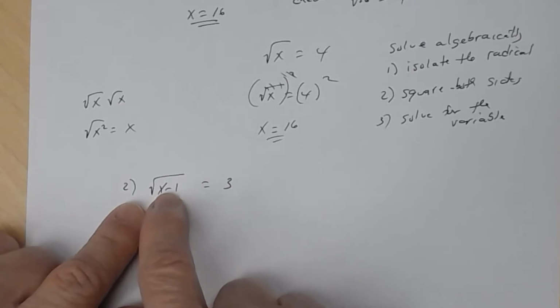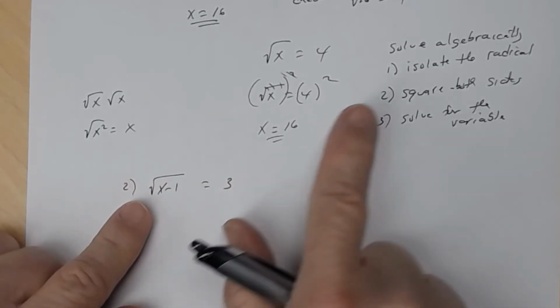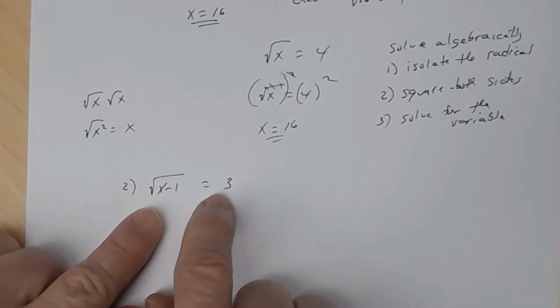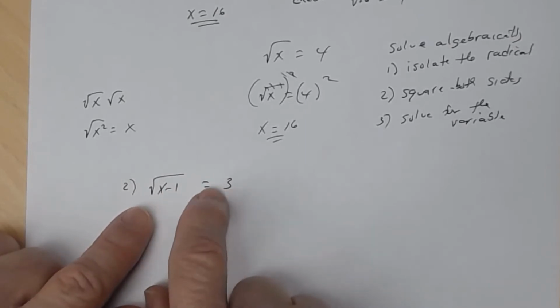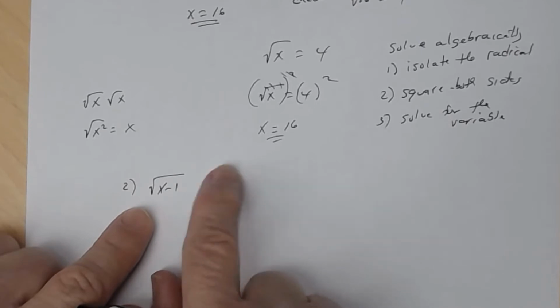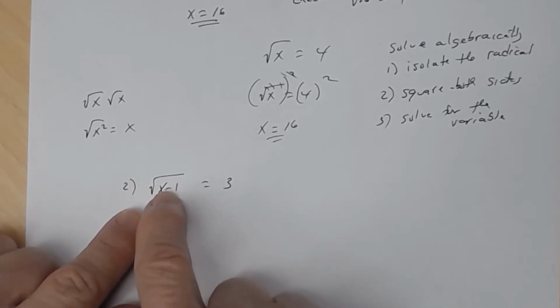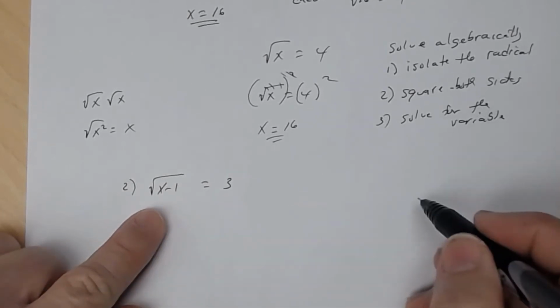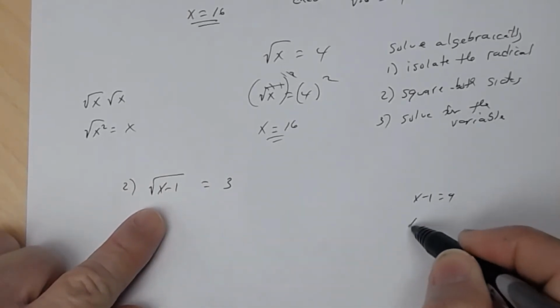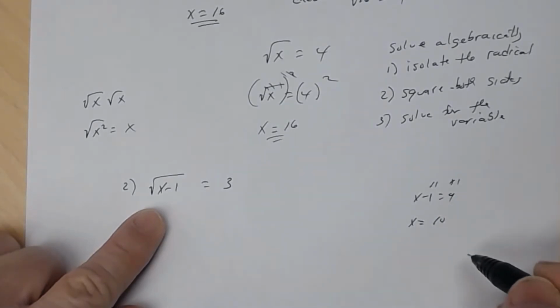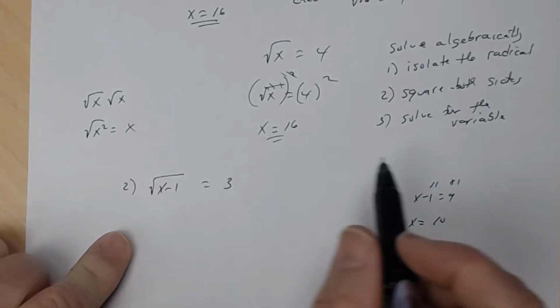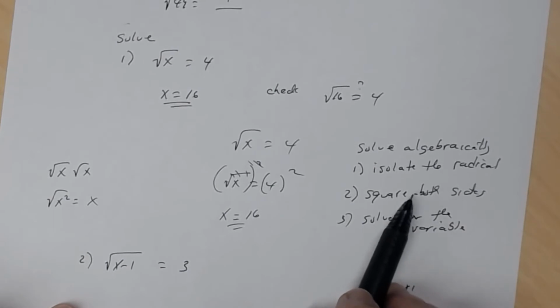Some of these you can guess at, but we're going to do this algebraically because many of you probably could not have seen that x would have to be 10. Remember, 3 times 3 is 9, so this radicand has to be 9, meaning x minus 1 has to be 9, which means x has to be 10 if you add 1 to both sides. But let's look at this. The next step is to square both sides.